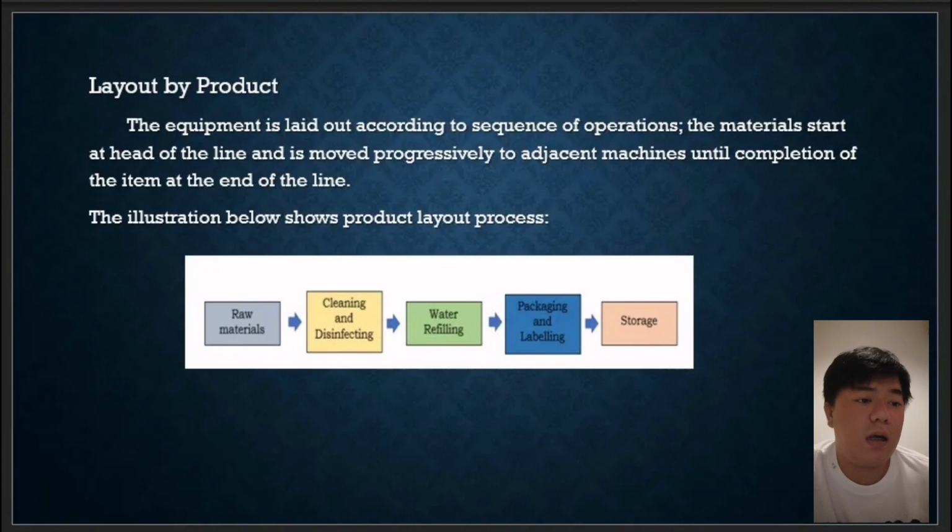The raw materials are what we will use. Then the cleaning and disinfecting is to be safe for the buyers and to keep it clean as well. And then the next one, water refilling, then packaging and labeling, and lastly, storage.